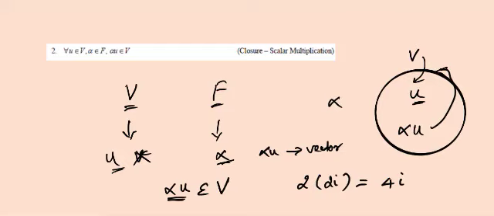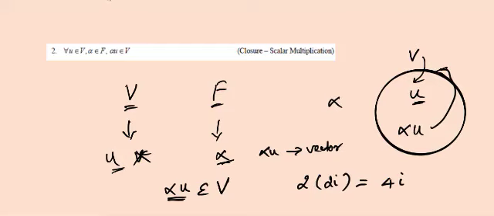In our problem we are seeing standard scalar multiplication, that is why I am mentioning the word standard. In other problems, according to the problem, they may give different addition and different scalar multiplication apart from the standard one.